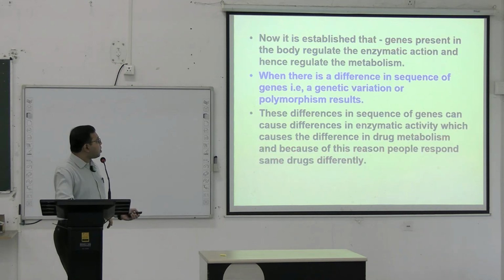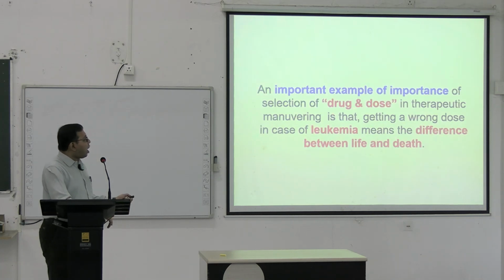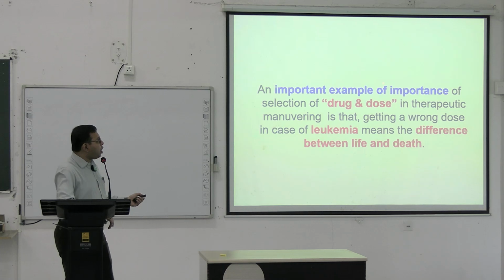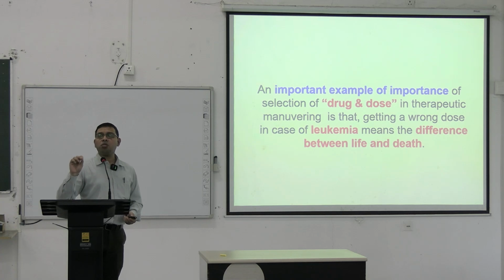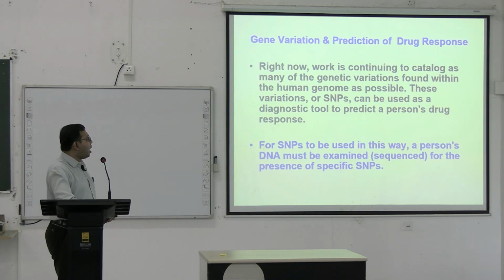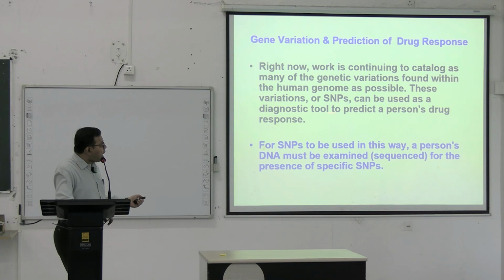So this is arbitrary, the same thing. Differences in the sequence of the genes, usually we are measuring the polymorphism, single nucleotide polymorphism, drug and dose. An important example is the selection of the drug and dose: whether the drug, and also what amount of the dose, is needed from one individual to another. Gene variation and prediction of the drug response are all done through the single nucleotide polymorphism.